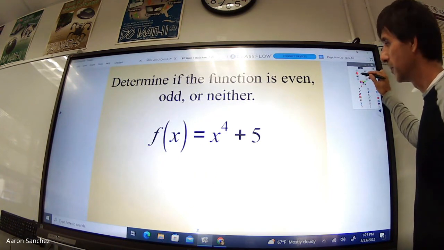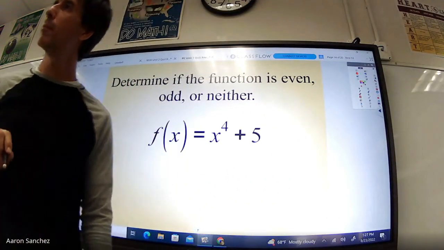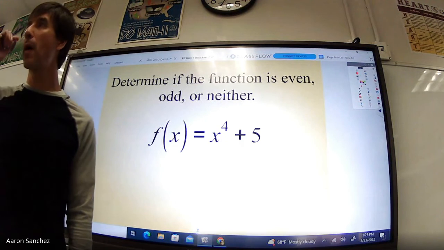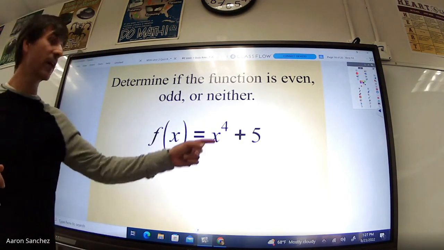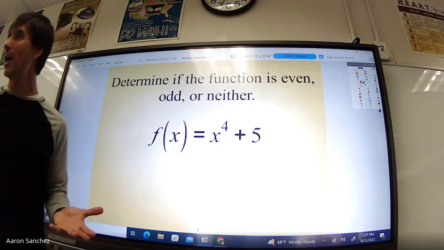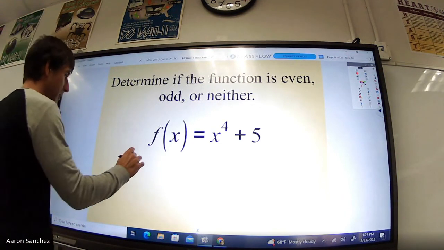In general, can you tell by the number? Can you tell by the exponent? Yes, because it's an even exponent. Usually they're even. However, let's plug in and see.